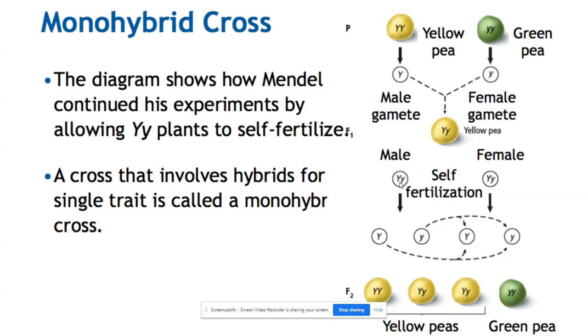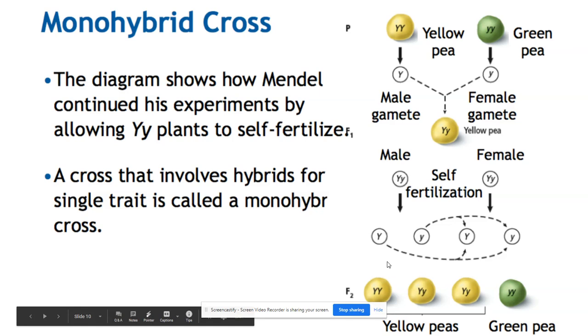You have one type of allele that you're looking at, or one genotype, capital Y, lowercase y, crossing with the exact same genetic type. Mono 1, so one type, we're looking at Y, and it's a hybrid. We have a capital and a lowercase. That's your hybrid, one of each. So it's one hybrid crossing together to get all this stuff.